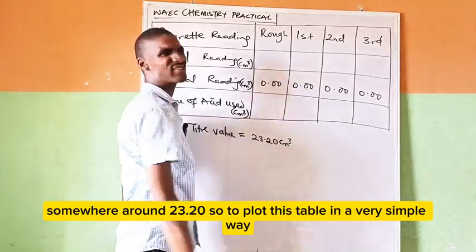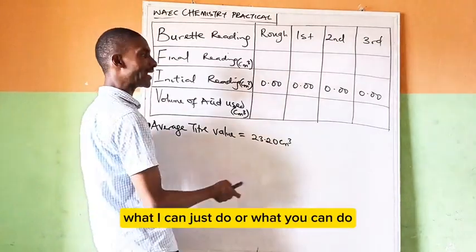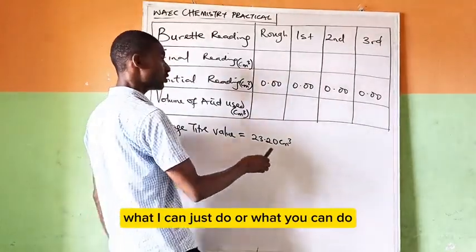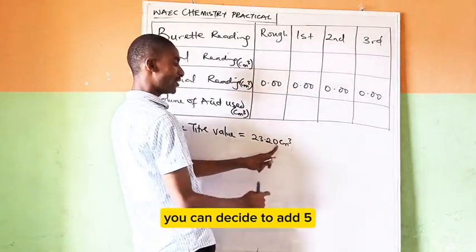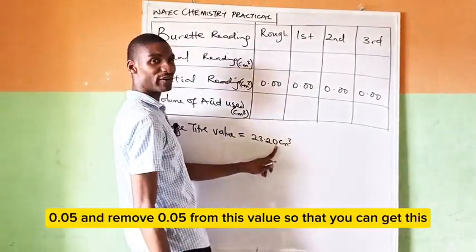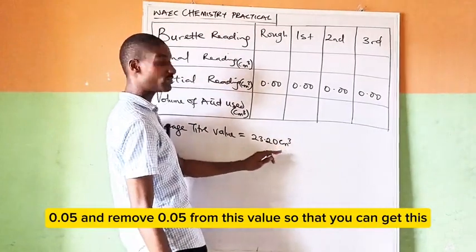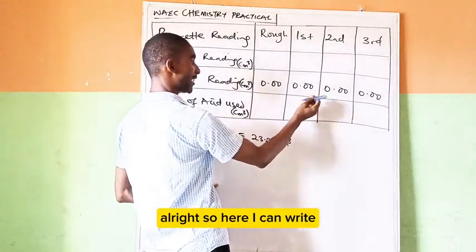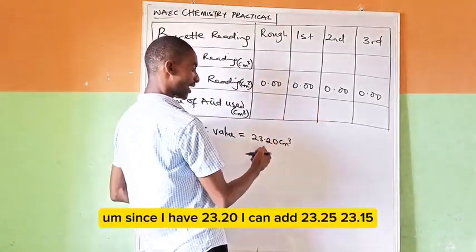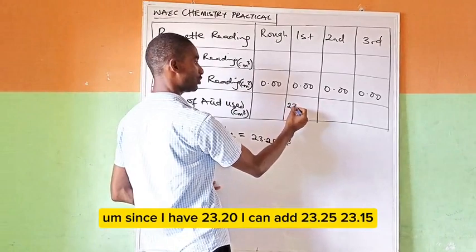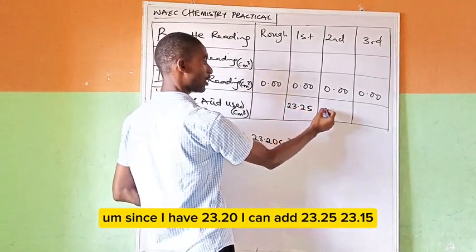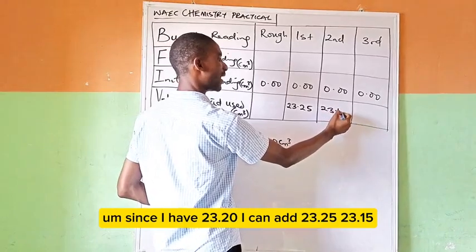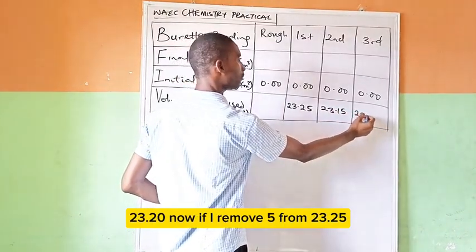To plot this table in a very simple way, what you can do is add 0.05 and remove 0.05 from this value. Since I have 23.20, I can write 23.25, 23.15, 23.20.